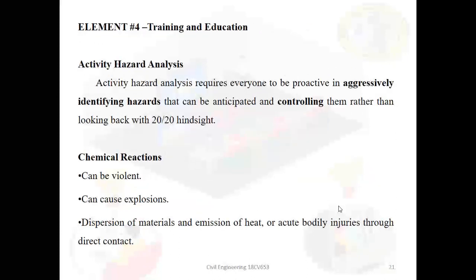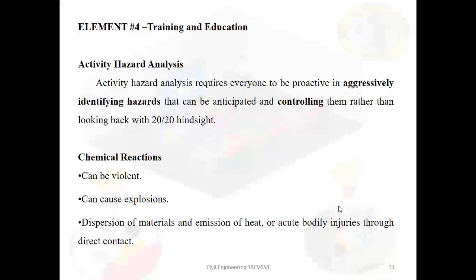Now, the fourth one is training and education. Active hazard analysis requires everyone to be proactive in aggressively identifying hazards that can be anticipated and controlled by them, rather than looking back with 20/20 hindsight.